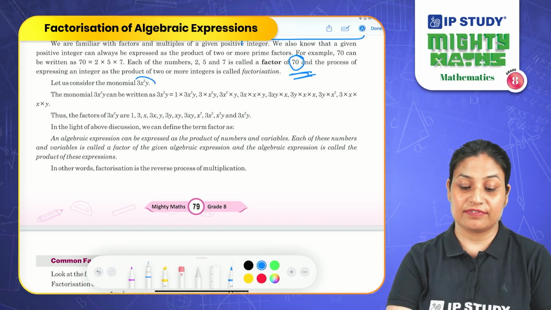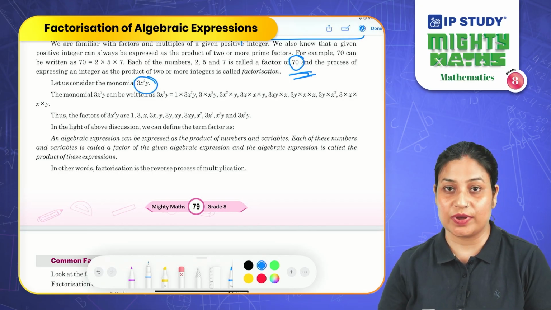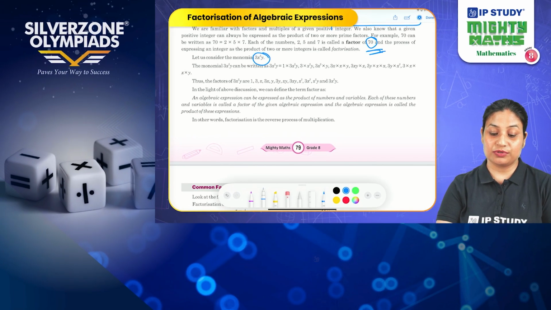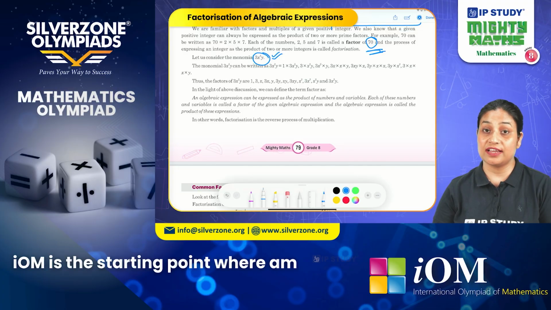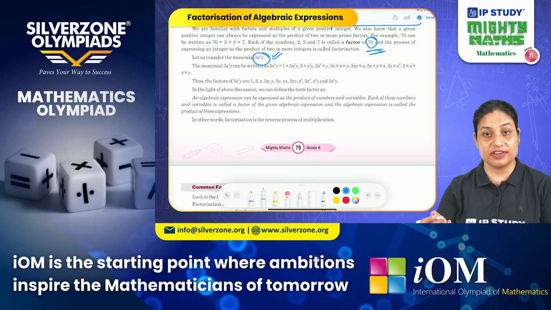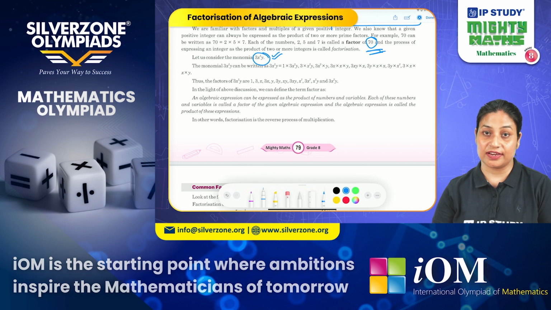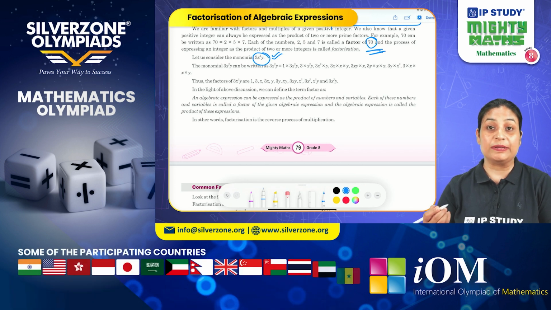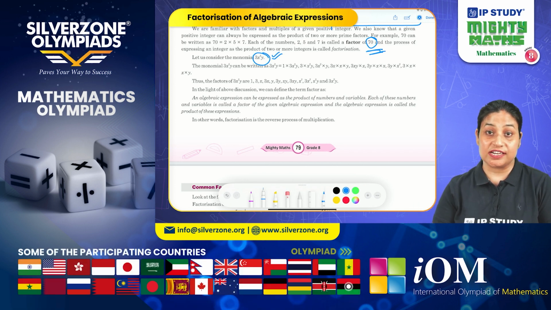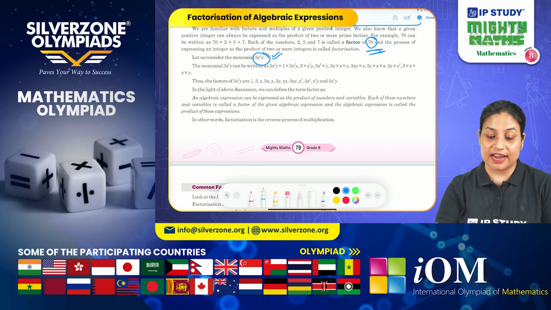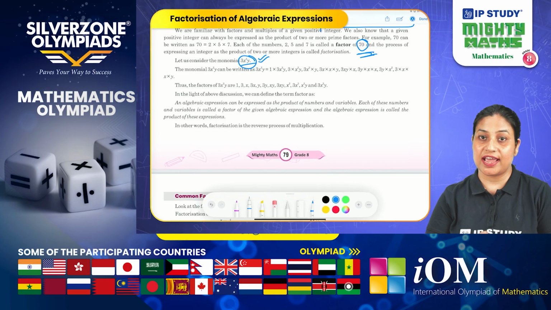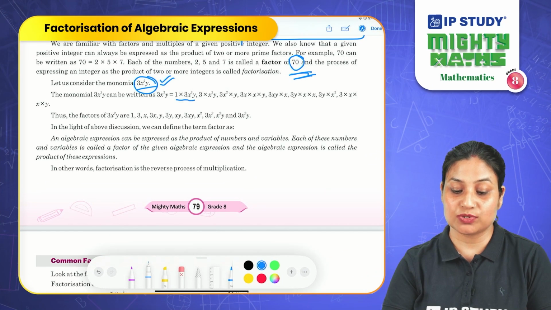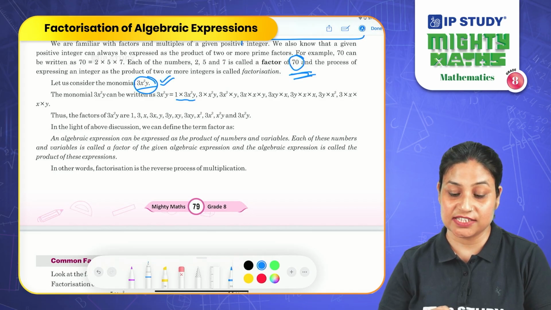Suppose I have a monomial, 3x square y, right? Now, I want to write down its factor. So, like we wrote factors of 70, in the same way we can write factors for 3x square y, right? So what could be the factors of this monomial? Let's see. So I can write 3x square y as 1 cross 3x square y. This is the first case.